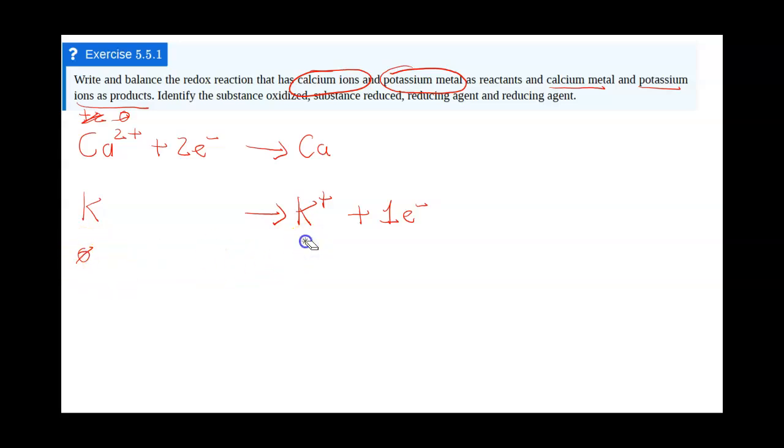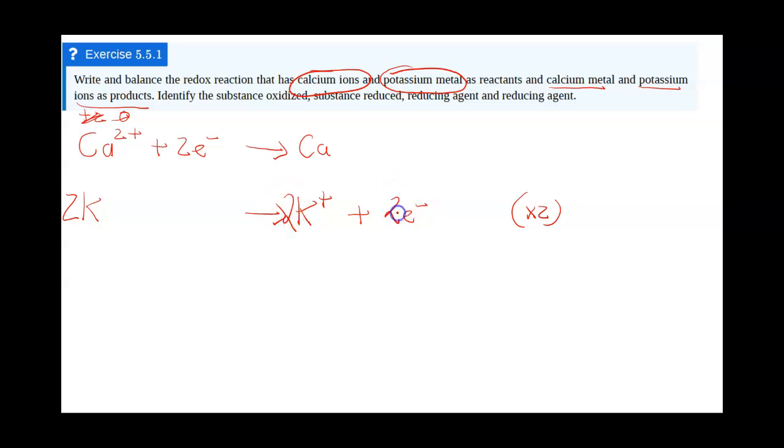There's one slight problem though, and that slight problem is that our first step consumes 2 electrons, but our second step only produces 1 electron. So what we're going to want to do now is multiply everything in our second step by 2 in order to have the correct number of electrons involved.